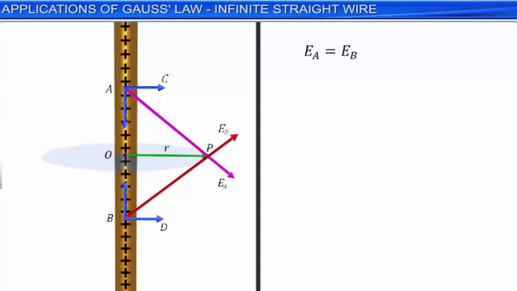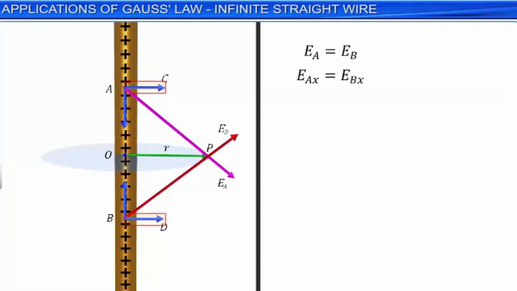As the magnitudes of EA and EB are equal and elements A and B are symmetric about O, the magnitudes of the horizontal components of the electric fields are also equal. Similarly, the magnitudes of the vertical components of the electric fields are also equal.